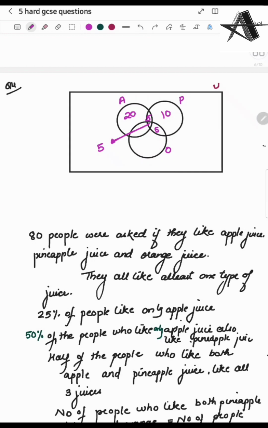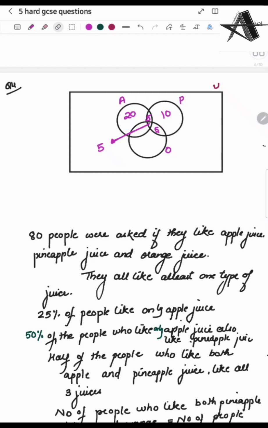Now we know that this is 5, this is also 5, this is 20, 10, 5. We just need to add them up. It will be 10 plus 20 plus 15. So far we got 45. 80 is the total number of people, so the remaining are 35.